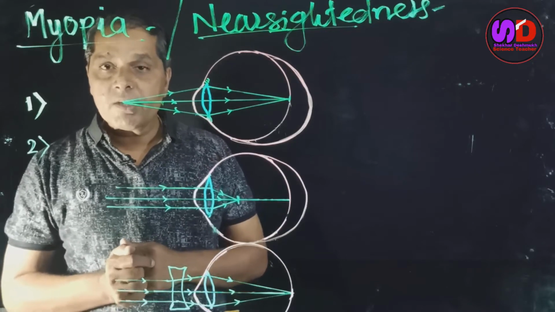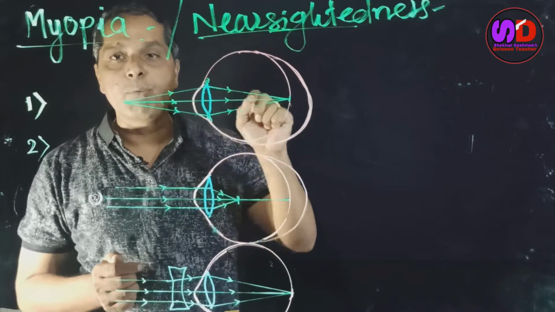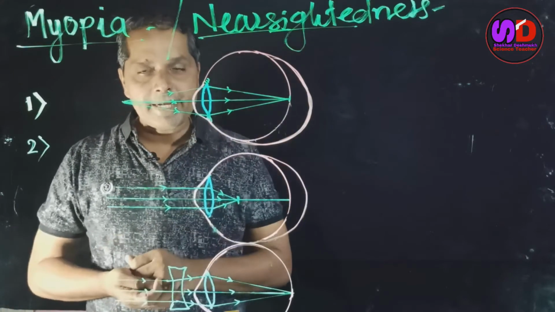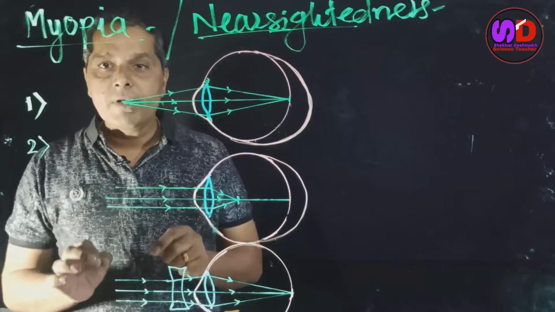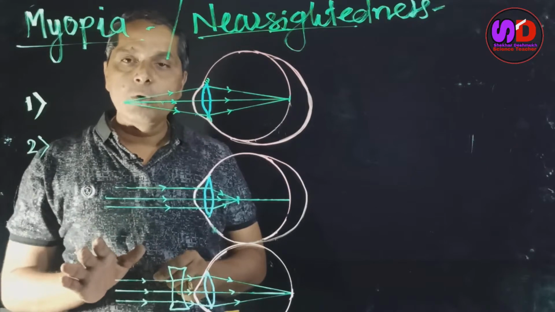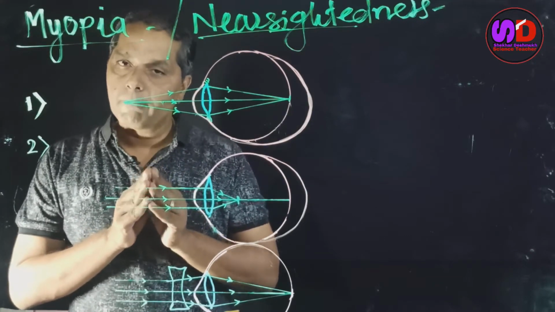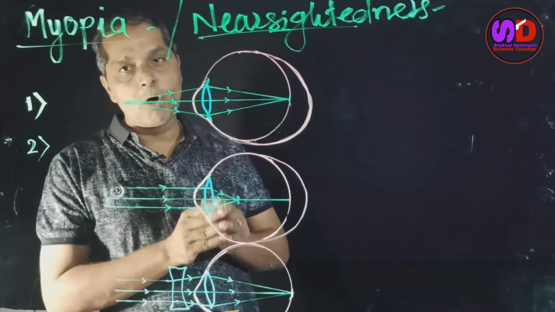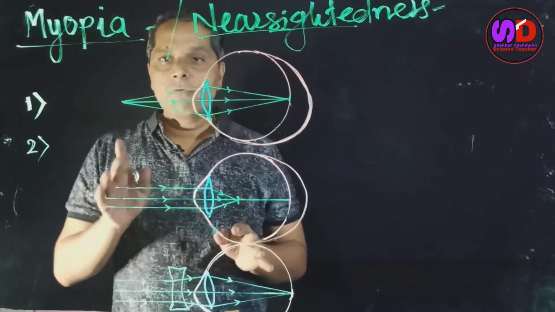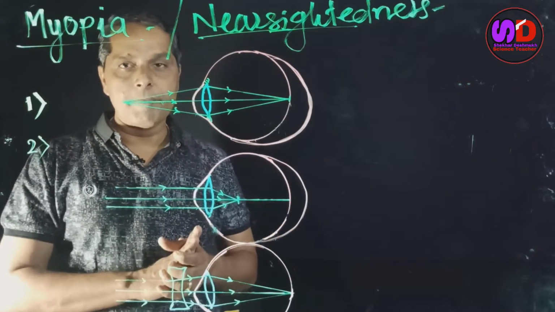That means if the doctor gives -1, -1.5, that is the reading of our spectacles, then definitely we are suffering from myopia, and to cure that myopia, a concave lens of appropriate power is given. So this is about the first refractive defect, myopia.